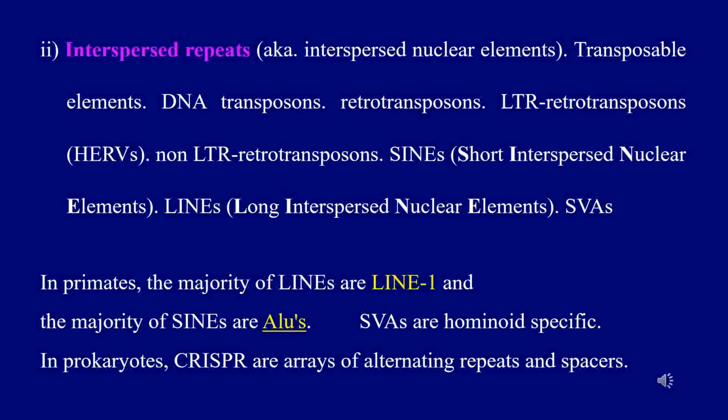In primates, the majority of the LINEs, that means long interspersed nuclear elements, are LINE-1, and the majority of SINEs are Alu.